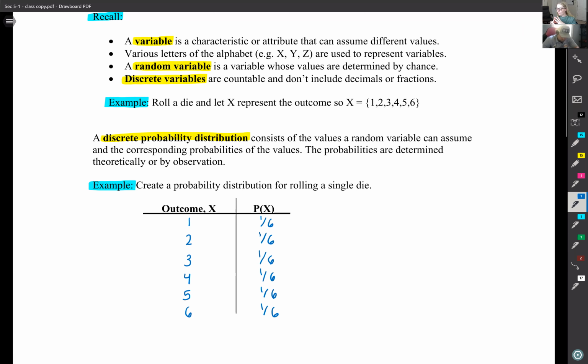We just haven't written it in what's called a probability distribution. We talked about, hey, what's the chance of rolling a 3? Oh, 1/6. But a probability distribution gives you every outcome along with its probability. In this column, P of X, as we talked about, is the probability of X. Okay, any questions on the probability distribution?